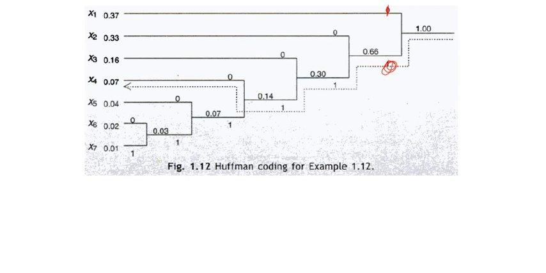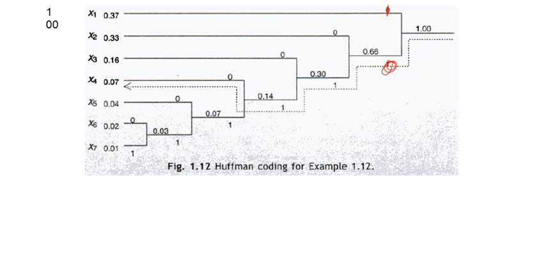Okay. So if I see here now first initially the symbol x1 is assigned with binary 1. So I will write 1 in front of symbol x1. Okay. And now if I read from right to left, then x2 can be represented as 0 and 0.